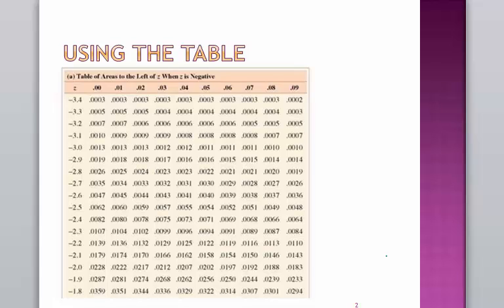All right, so if our z-score is negative 1.82, we are going to look at negative 1.8 and the 2 across the top and intersect those two, giving me an area of 0.0344.